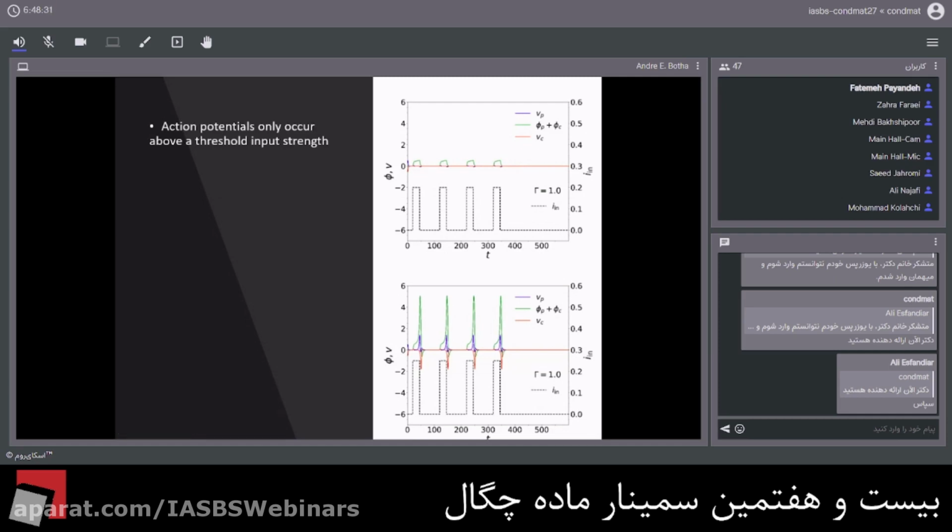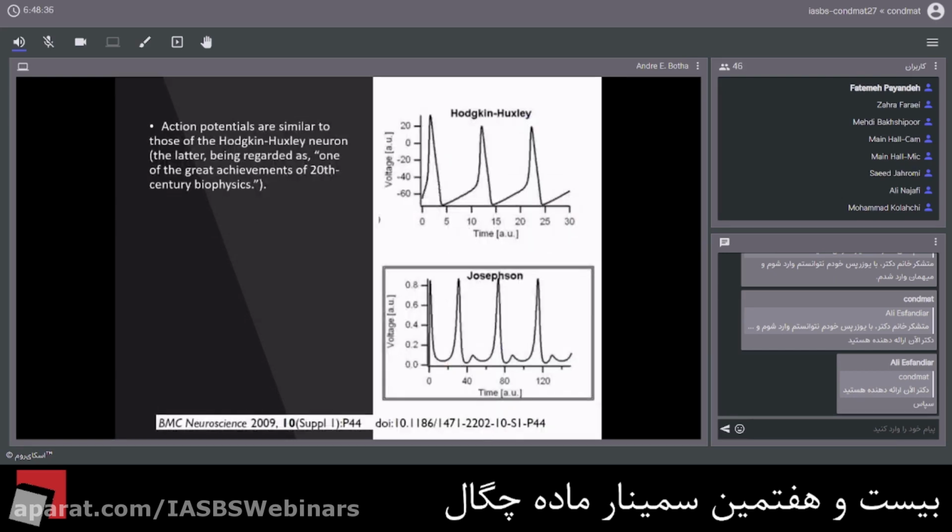The second key feature that I described is the comparison between the action potential provided by the Josephson junction and the Hodgkin-Huxley model. And this comparison has been made in the literature before, what it amounts to is a similarity in the shape of the potentials that are provided by the two models.